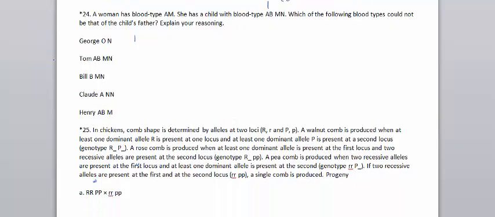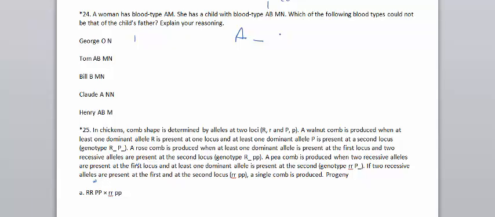Here this is starting to show a little bit of, this is blood type, and it's looking at blood type at 2 different loci. And so we're looking at, the mom has blood type A, so that means she has an A allele, and then either an A allele or an O allele.